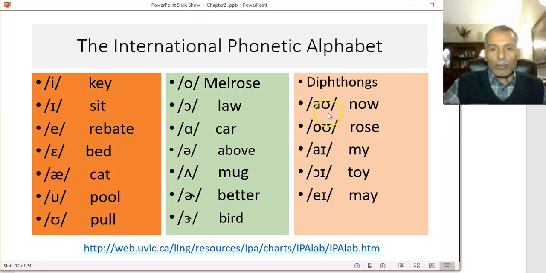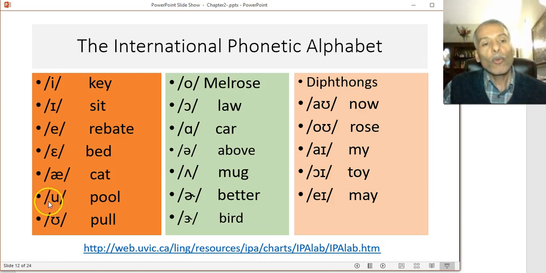So if you take this sound and combine it with this sound, ooh, you are going to shorten each one of them.